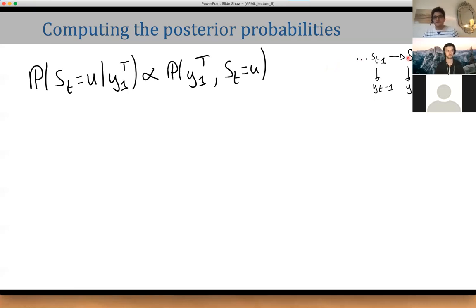When you see the sequence, we go from S1 to S2 to S(T-1), S(T+1). We have a sequence of hidden states. You remember the arrows say how the dependency works. So we have a Markov chain on the hidden variables, and then the observations.